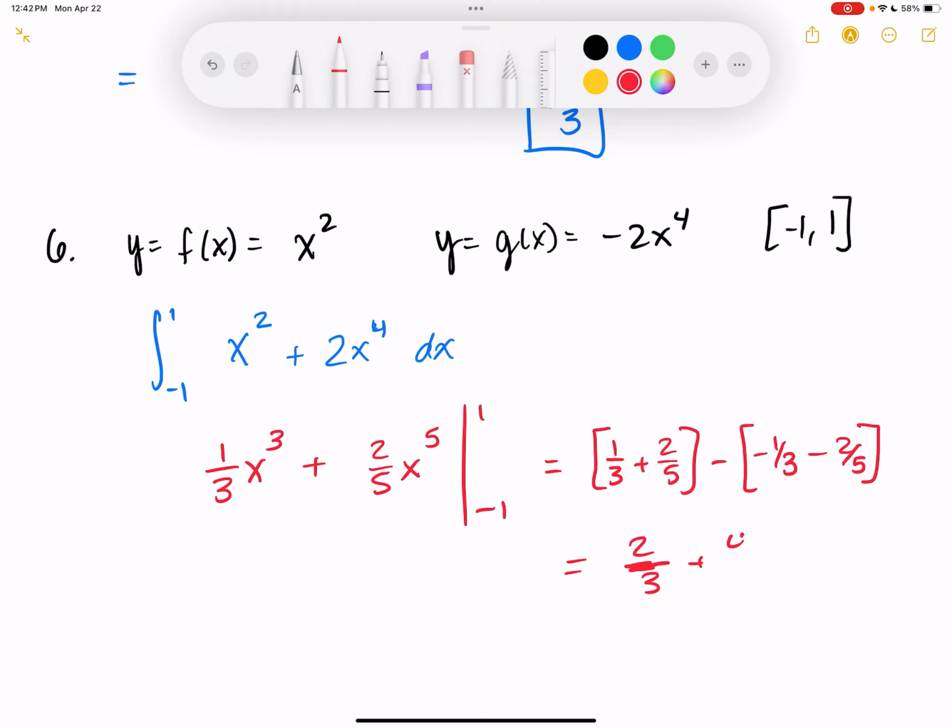And now I would get a common denominator of what? 15. Well, okay, so the top is 10 plus 12.